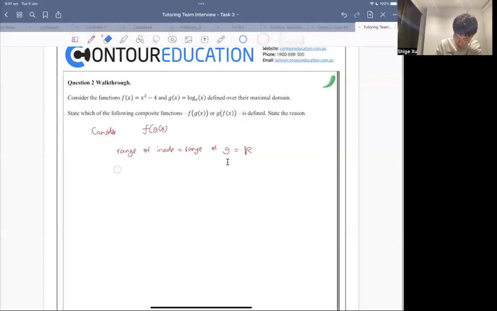And what's the maximal domain? In other words, what are the possible values that f of x can accept? The maximal domain of f, what's that? We have a quadratic term, just shifted. So we can accept virtually all real numbers. So we are mapping from real numbers to real numbers.